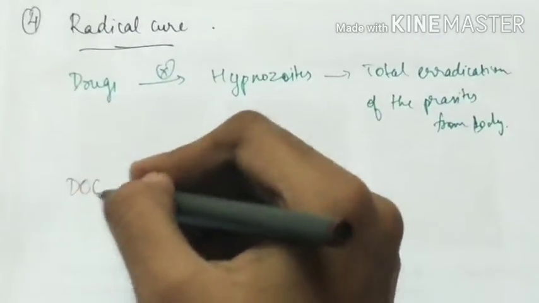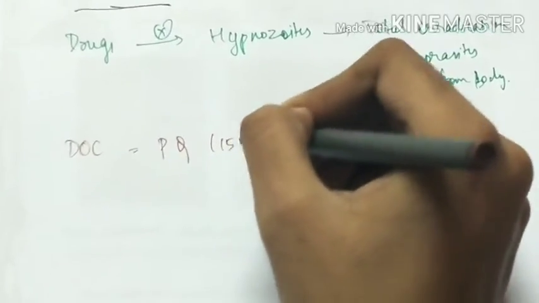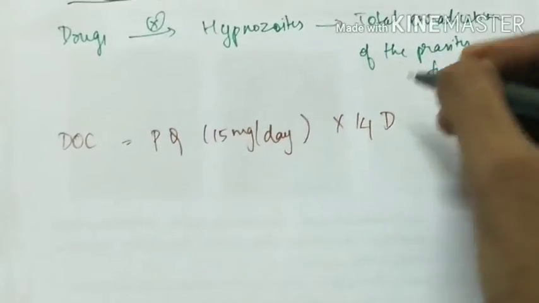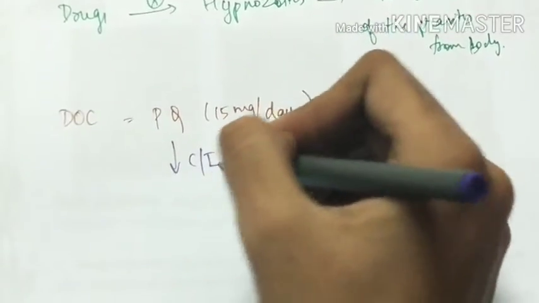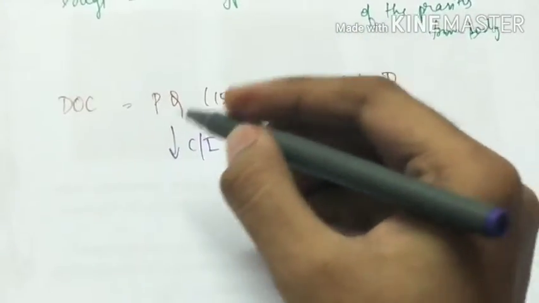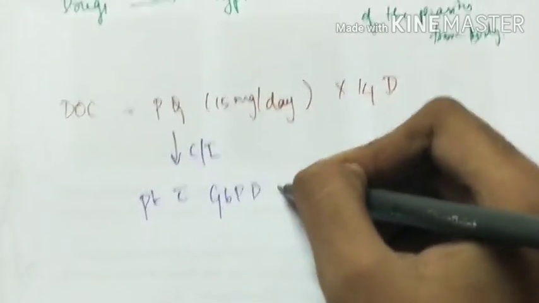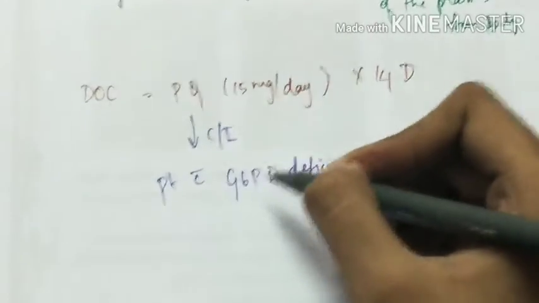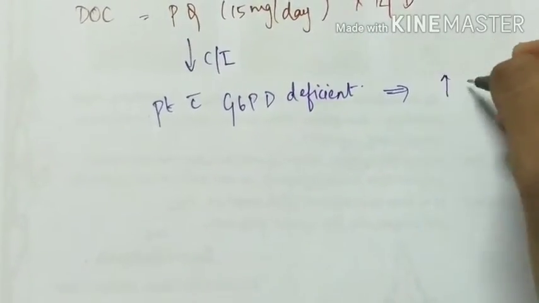The drug of choice is primaquine, 15 milligram per day for 14 days. But this is contraindicated in patients with G6PD deficiency, glucose 6-phosphate dehydrogenase deficiency, because in these patients, it produces more hemolysis.